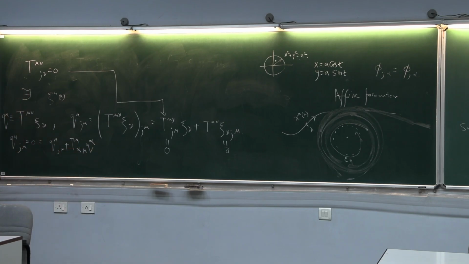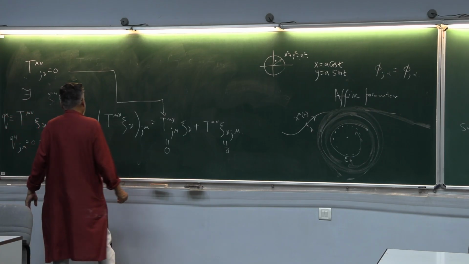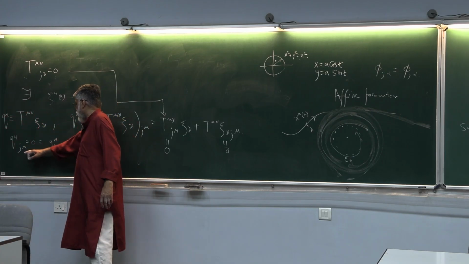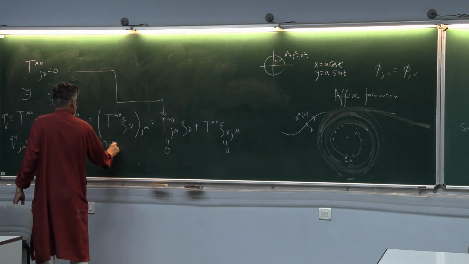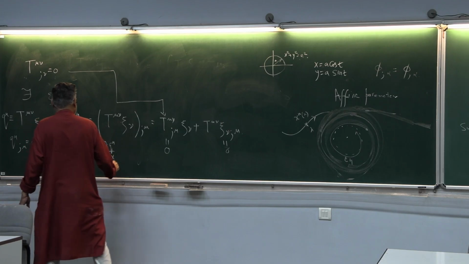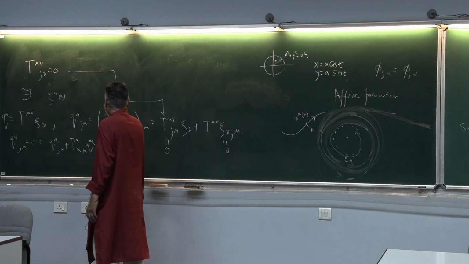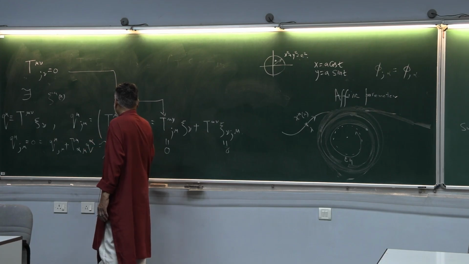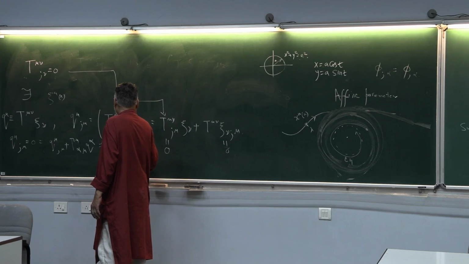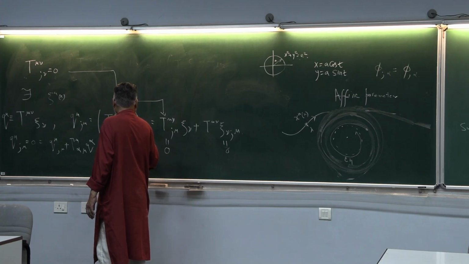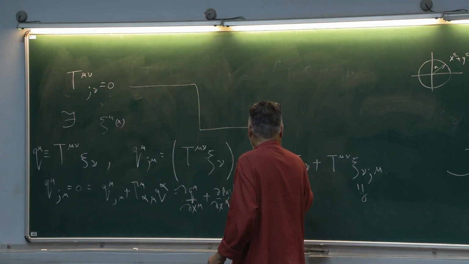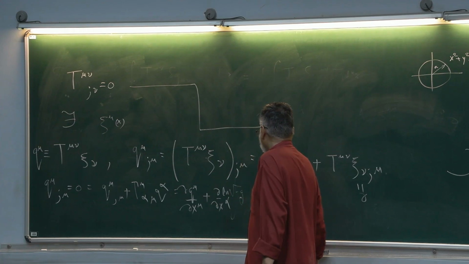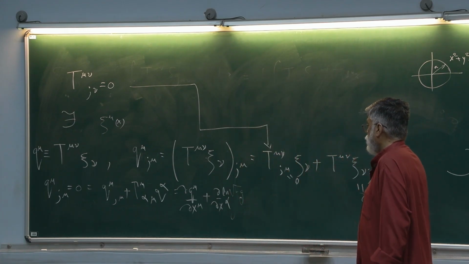By now, you should be proficient in evaluating covariant derivatives, and this is the same as ∂q^μ/∂x^μ plus Γ^μ_{μα}, which we know, from yesterday, is ∂/∂x^α of log of √(-g), times q^α.